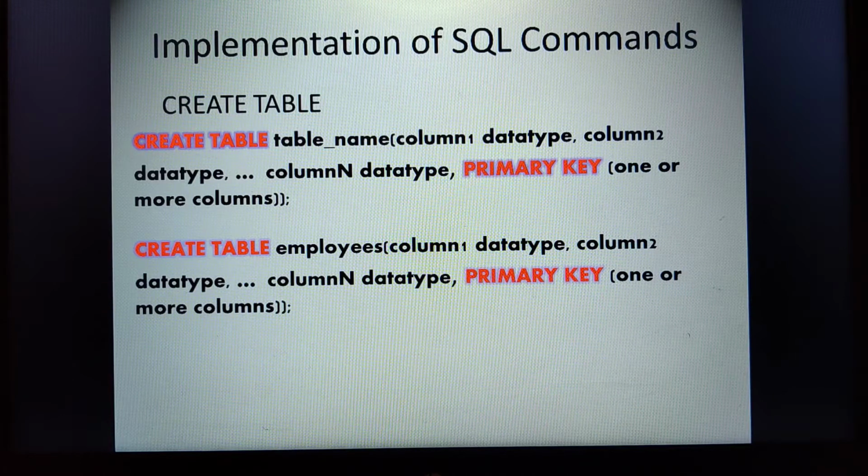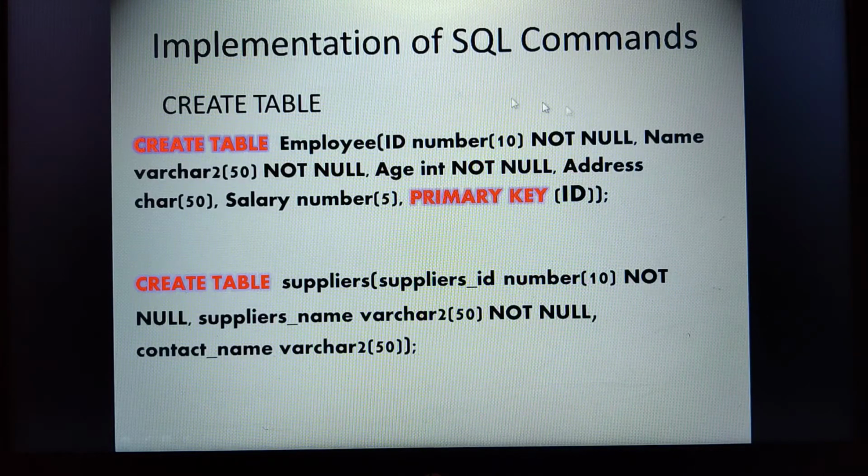So now let us see the examples here. I have taken here create table employee, then ID number, number is a data type and I have given the size as 10 and I have applied the constraint known as not null. It's a column level constraint. Then name, its data type is varchar2 of 50, 50 is the size.